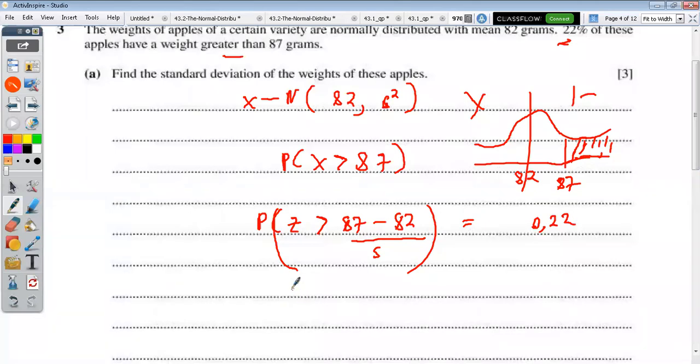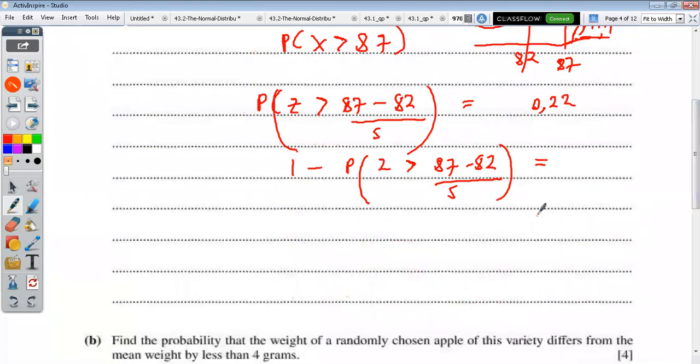Because I'm saying 1 minus the probability of Z, it's 0.78. Okay, 0.78, sorry about that. I just wanted to clarify certain things so that everyone is clear. 1 minus this is equal to 0.78.